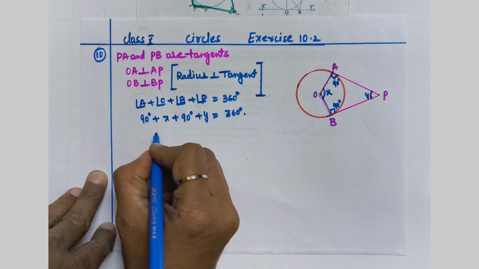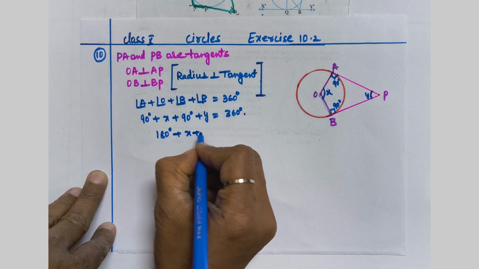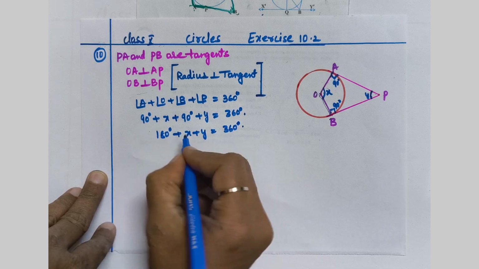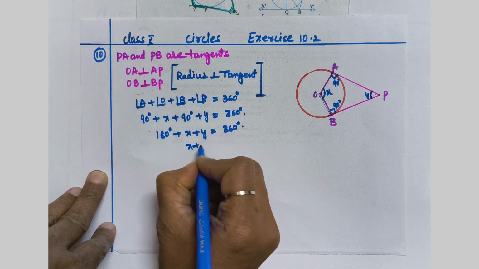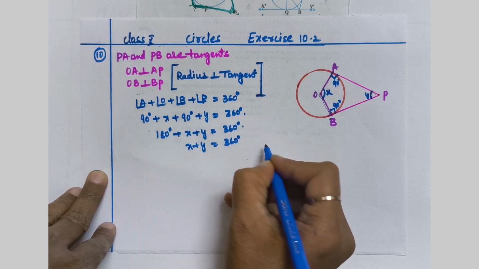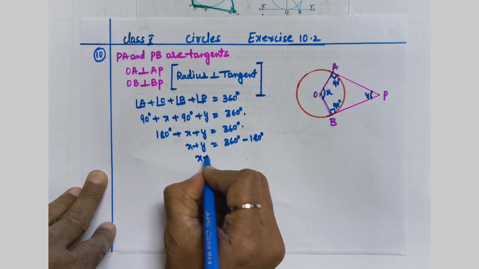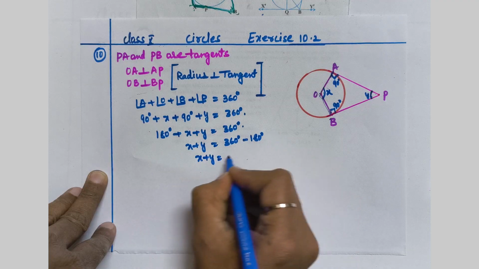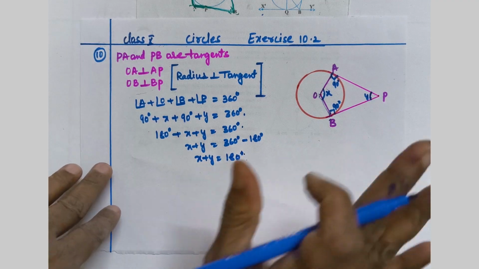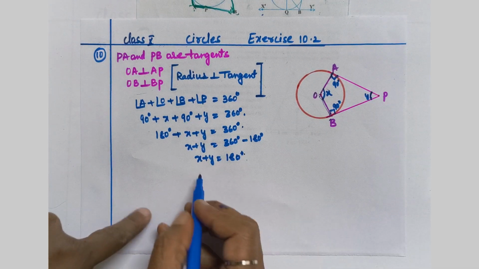This is 90 plus 90, how much? 180 degrees, plus x plus y is equal to 360 degrees. Next, x plus y is equal to 360; sending 180 to that side, minus 180. So x plus y is equal to 360 minus 180, which is 180 degrees. Now you can write angle x plus angle y are supplementary.